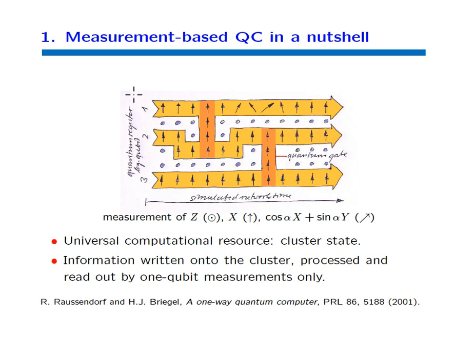And it is a universal resource for quantum computation. So you can use this cluster state to implement any quantum computation you like. And all this is done by local measurements. So information is written onto the cluster, processed and read out by 1 qubit measurements only. So these are the takeaway points.